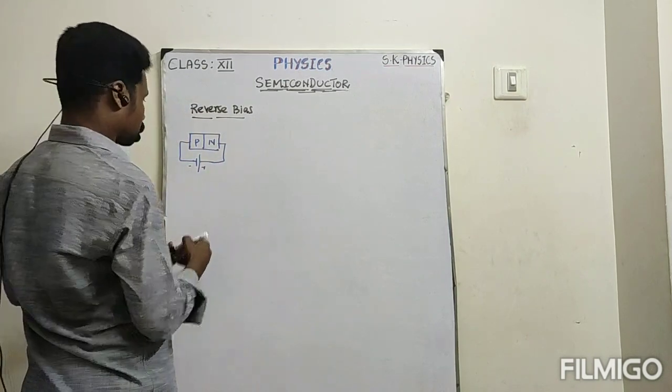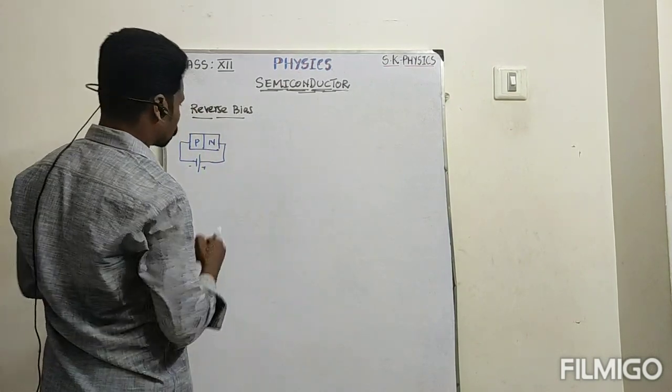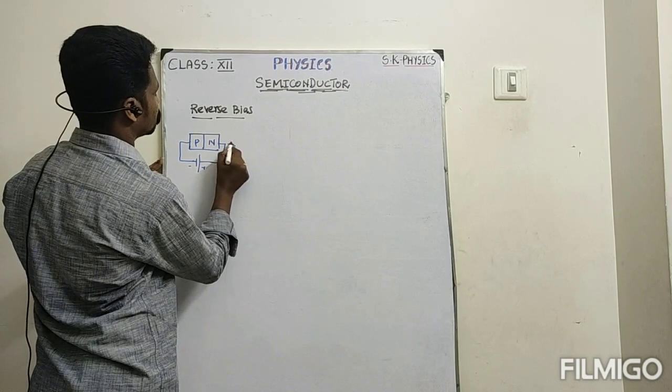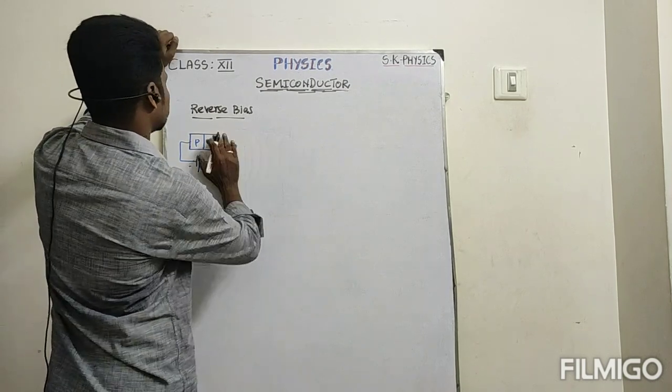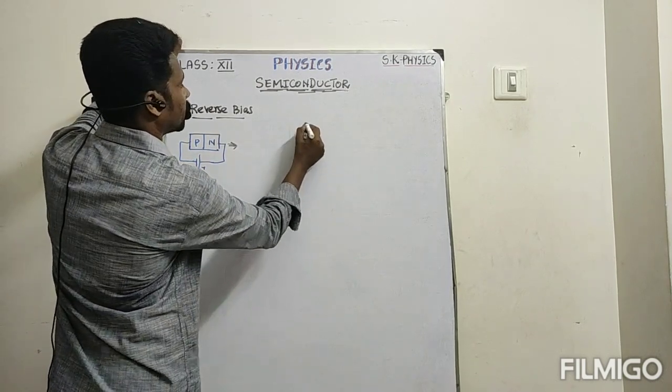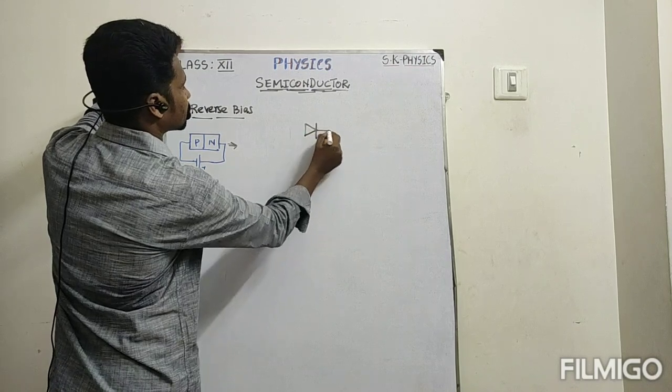Now I am going to draw the equivalent circuit. Let's take the diode; I did not change the diode direction.